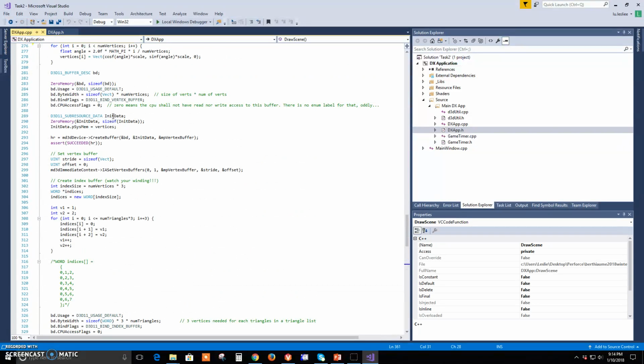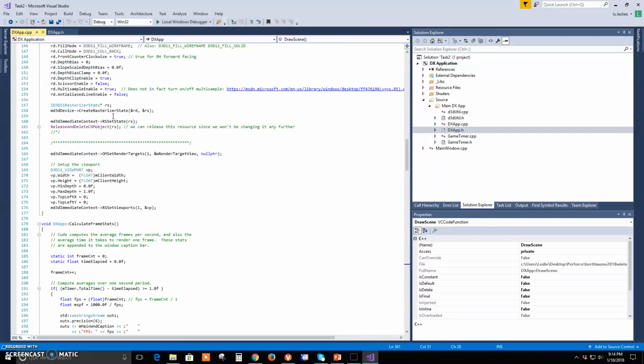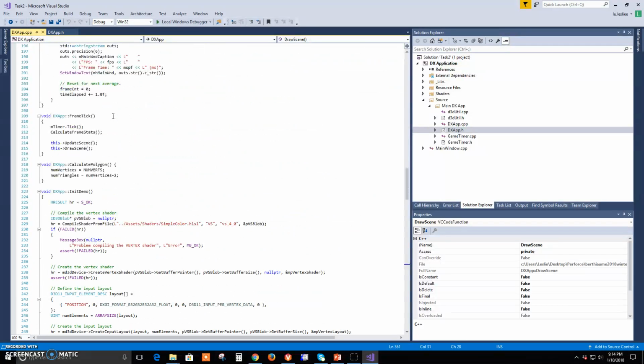I wrote a little calculate polygon function. I thought there was going to be more in it, but there's not. It's just the number of vertices, and I wrote on a piece of paper how many vertices equals what triangle, and saw that it equals the number of vertices minus 2.